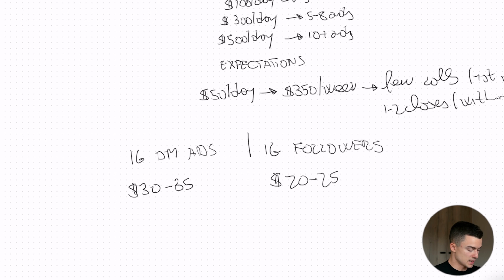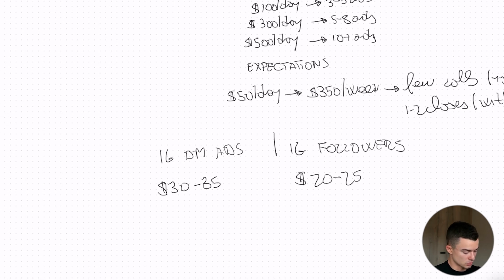So with the IGDM ads, what you need to take into consideration is the cost per DM. Let's say, for example, that you have an offer where you help people start and grow an Airbnb business in the US. Probably you can expect a cost per DM between $5 to $8, let's say.